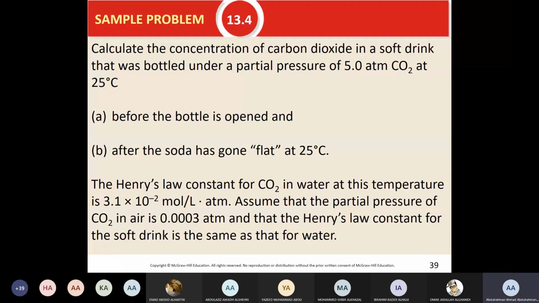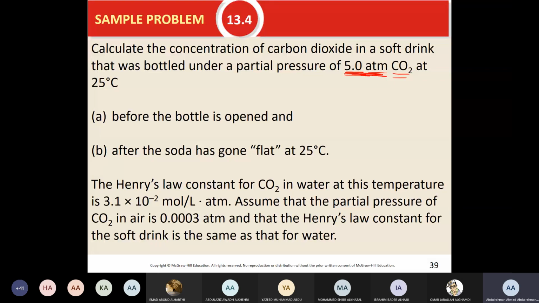But let's solve this problem quickly. Calculate the concentration of carbon dioxide in a soft drink when it is just opened. The pressure is 5 atmosphere when the bottle is closed. Now, when it is open, what will be the pressure of CO2?